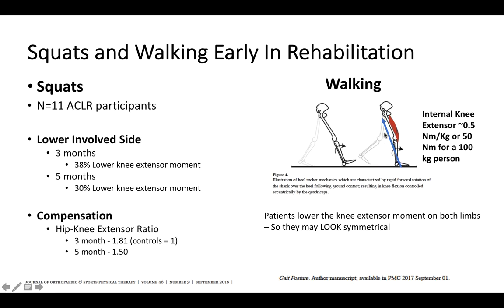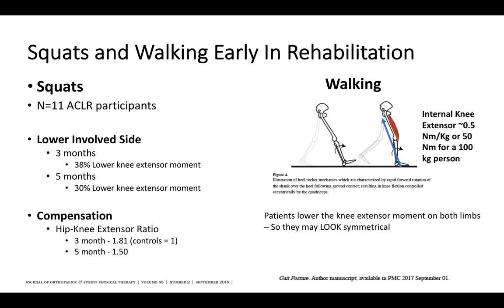Similarly, in walking, if you record 3D motion analysis of ACL deficient patients walking, we normally at foot flat of the gait cycle would see this posterior ground reaction force that would cause an external knee flexion moment. The response would be an internal knee extension moment, and this extension moment is decreased in patients with ACL reconstructed knees.